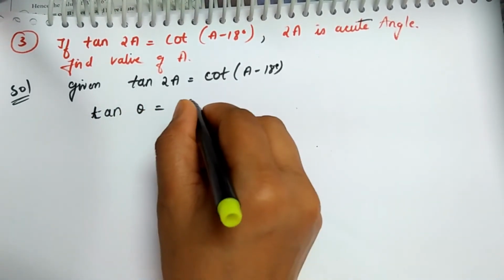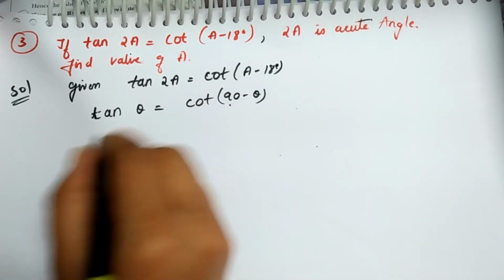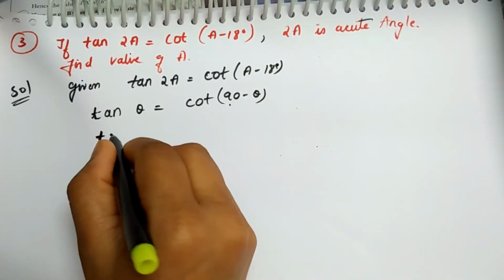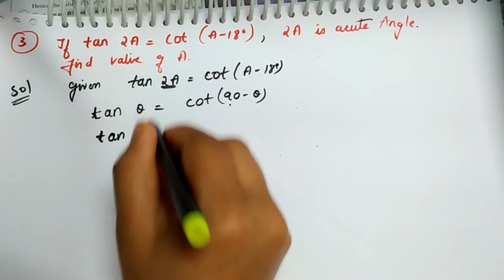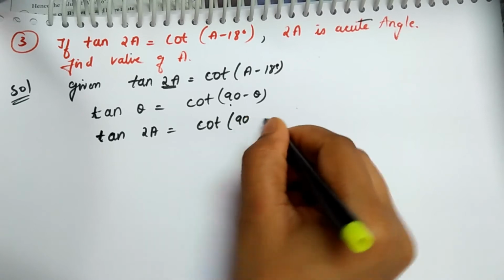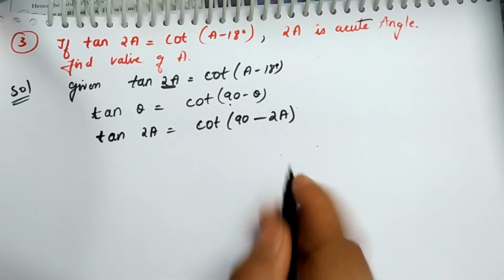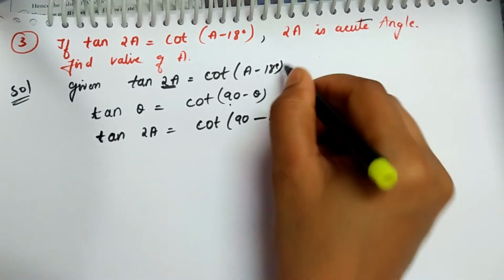Tan theta, we know, is cot 90 minus theta, right? Here in place of theta it is 2a, so it is equal to cot 90 degrees minus 2a. We don't know the a value, that's all we need to find out.